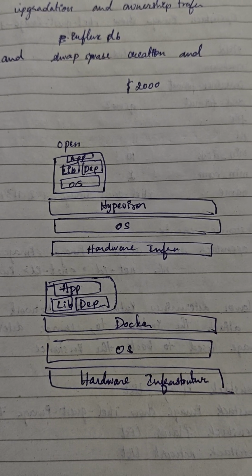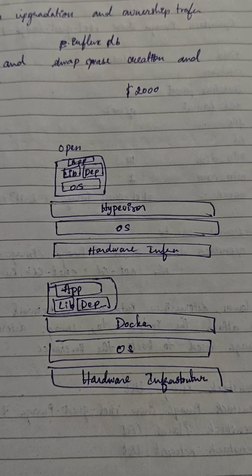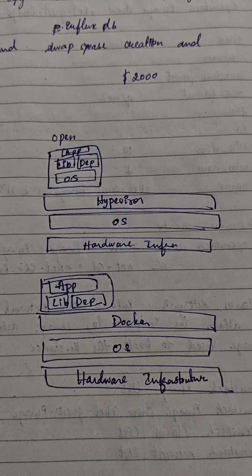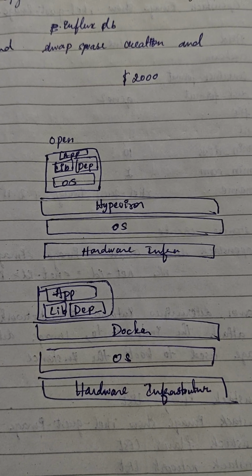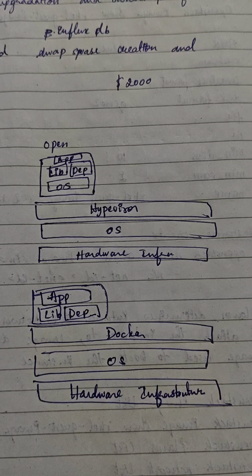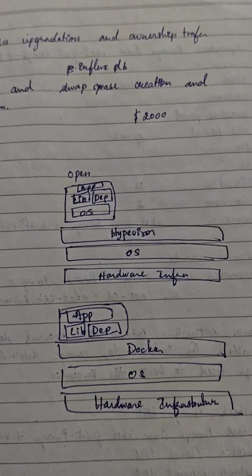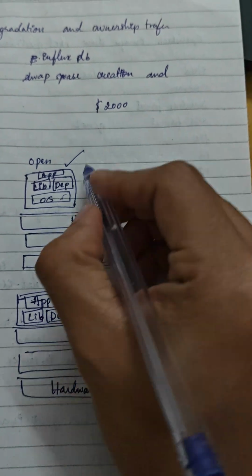That hypervisor virtualizes the hardware. And over there you can have the VMs. This one is called a VM.